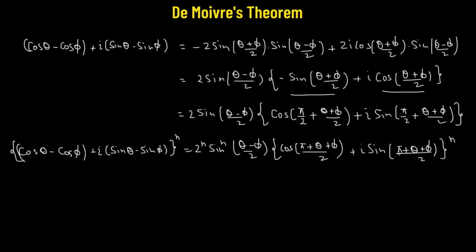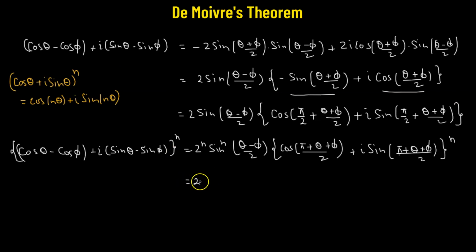Now De Moivre's theorem simply states that whenever we have cosine of theta plus iota times sine theta whole raised to the power of n, this is equal to cosine of n theta plus iota times sine of n theta. So let's apply De Moivre's theorem.